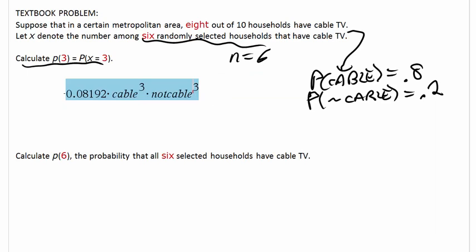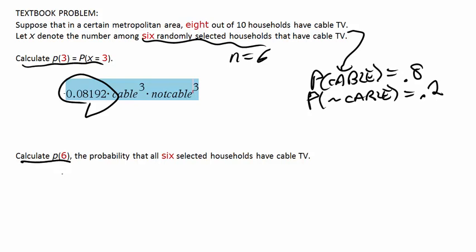So our probability in this case, what is the probability that 3 houses have cable? That's the 0.08192.